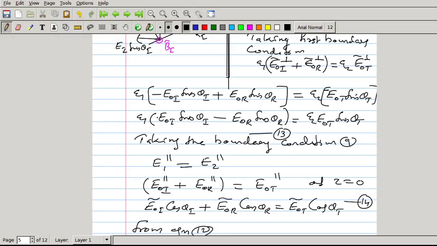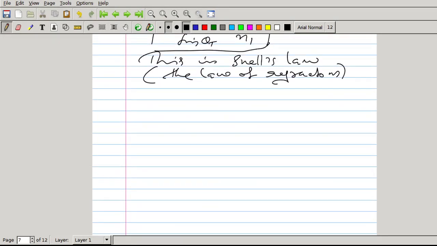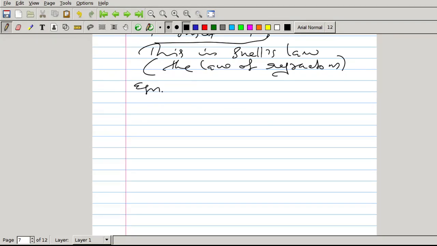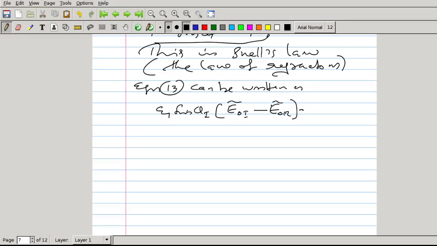So equation 13 can be written as epsilon one sine theta I, taken common, into E0 I minus E0 r, is equal to epsilon two sine theta t E0 t. Am I right? Equation 13.